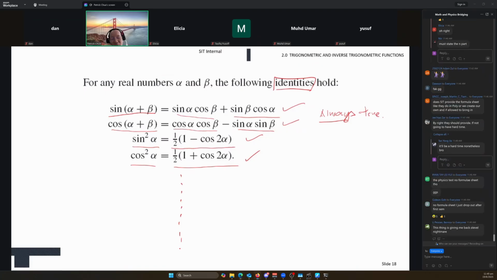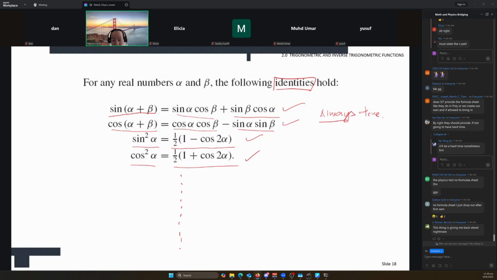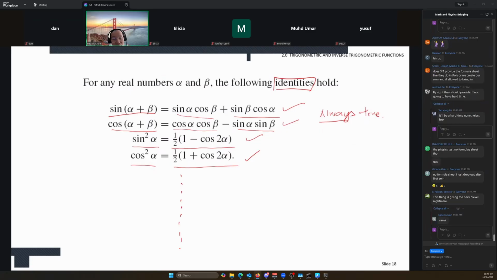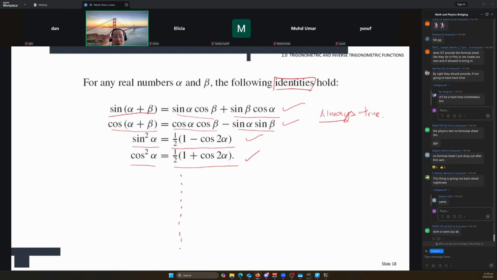Even I cannot remember a long list of identities. But some other professors are different. It's a closed book exam, closed book test, with no cheat sheet at all, which means they expect students to remember. Different professors have different ways of coming up with exam papers and test papers, so I cannot speak on their behalf.